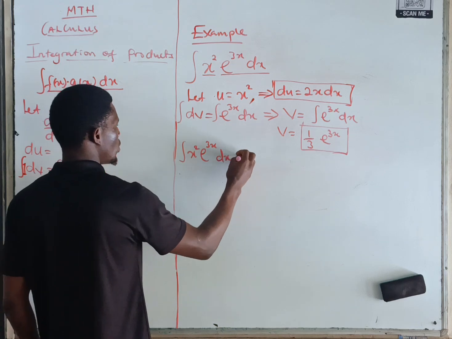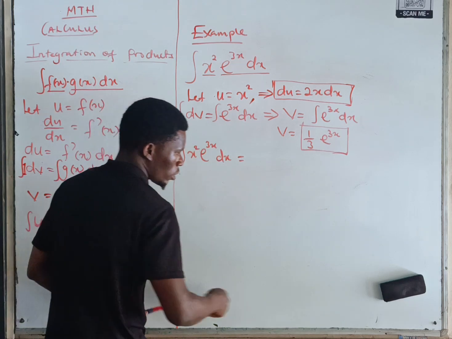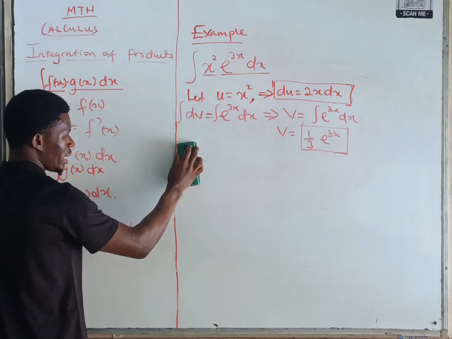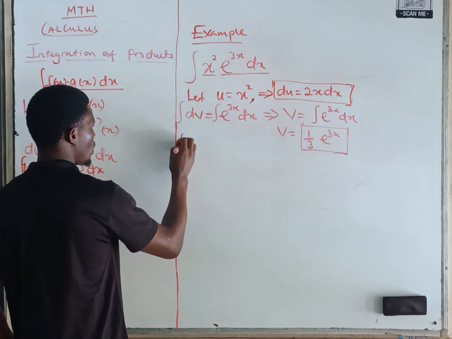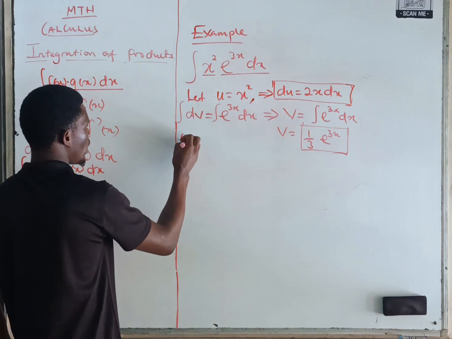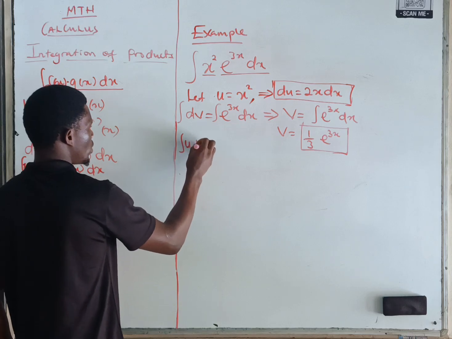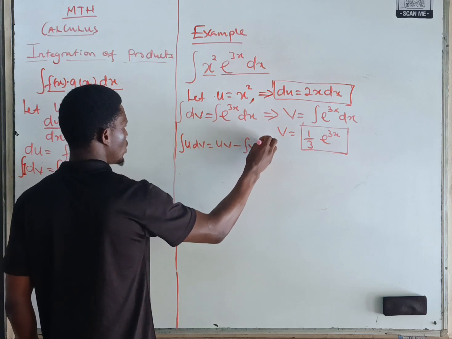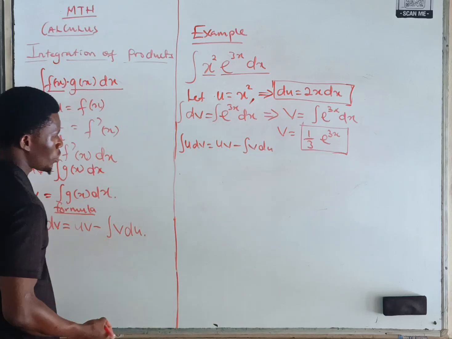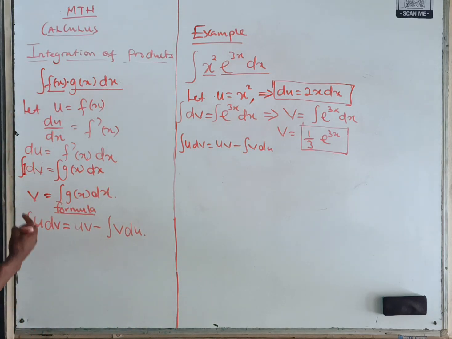Maybe if you are writing an exam, it's good you write out the formula. You can just write that the integral of u dv is equal to uv minus the integral of v du. So maybe you can earn some marks by writing out the formula, right?